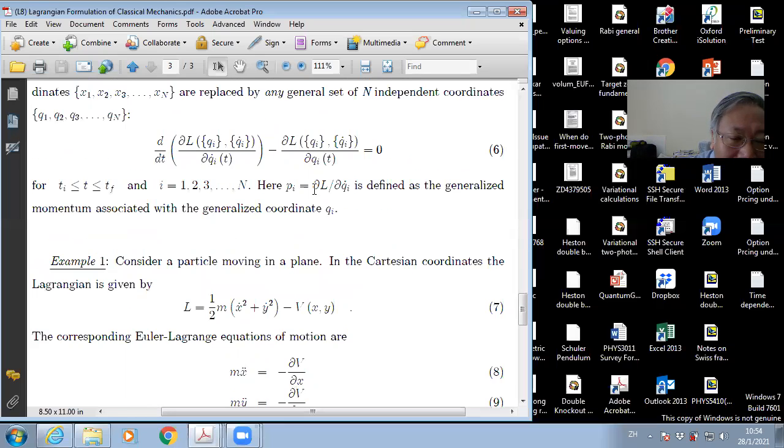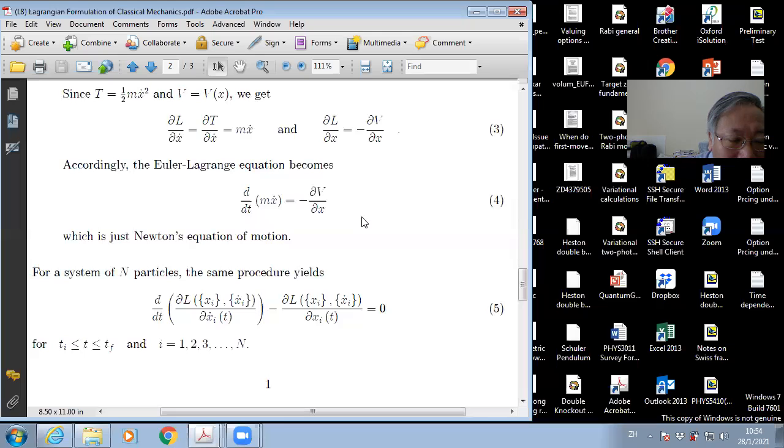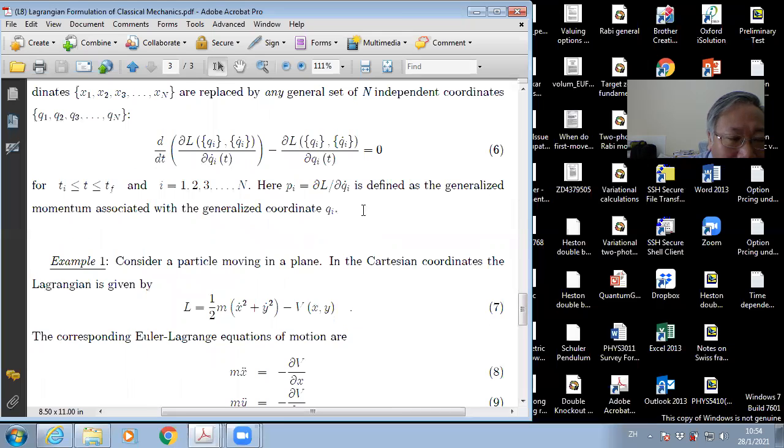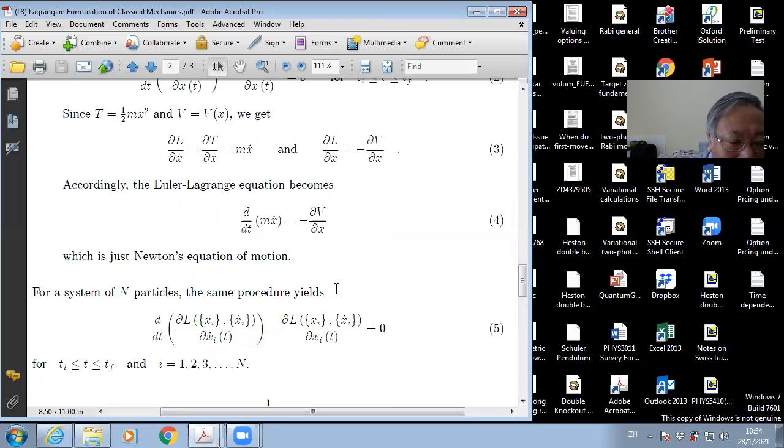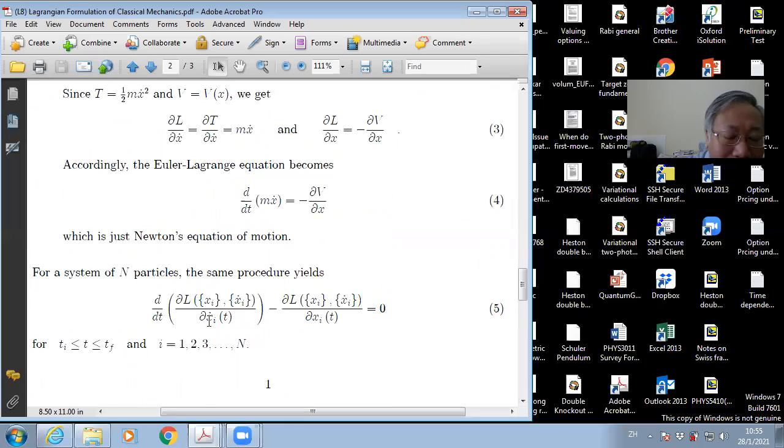And we can also define ∂L/∂x dot i as the generalized momentum for the particle i.